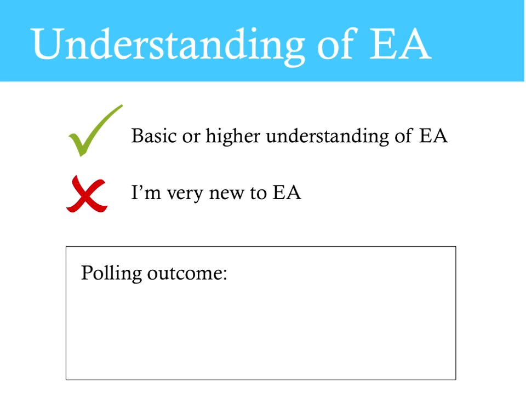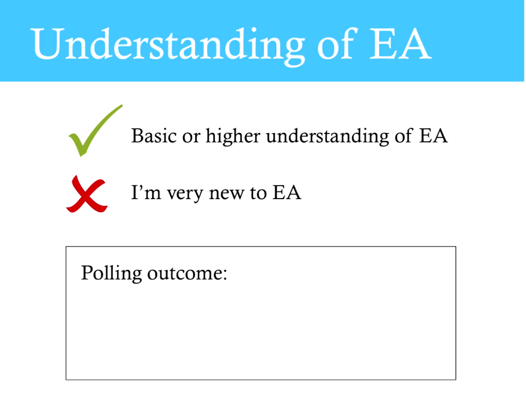I'm assuming everyone present today has a basic understanding of what enterprise architecture is. Don't worry if it's still very new to you, but perhaps it is worth doing a quick poll. If you have a basic understanding of what enterprise architecture is, can you give me a green tick? If not, can you select the red cross?